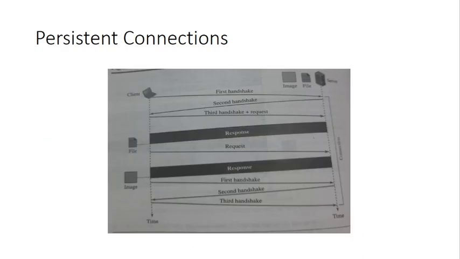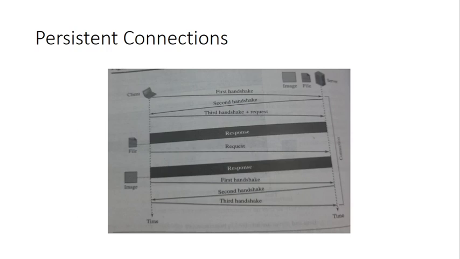This is the example of a persistent type connection. Here in this persistent connection, we can see that only one connection establishment and connection termination is used, but the request for the image is sent separately.